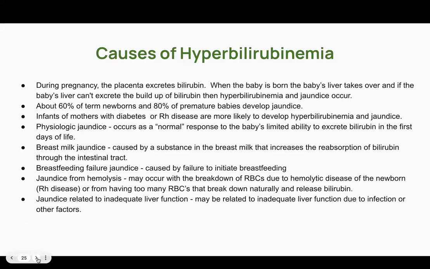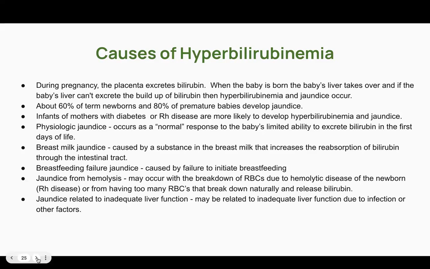And it's quite common actually. About 60% of term babies develop jaundice, and about 80% of premature babies develop jaundice. Infants of mothers with diabetes or RH disease are more likely to develop hyperbilirubinemia and jaundice.